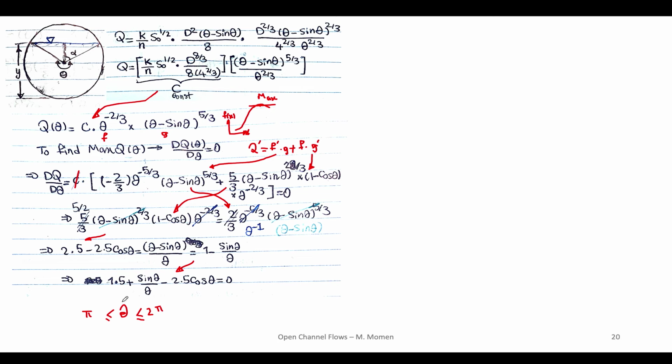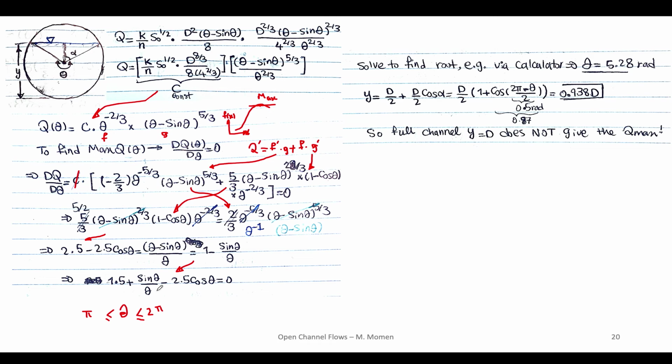So you can do some trial and error. For example, you can start with 1.5 pi and then see where you can get a theta that satisfies this. Another way is to put it in a calculator and ask the calculator to solve this for you numerically.